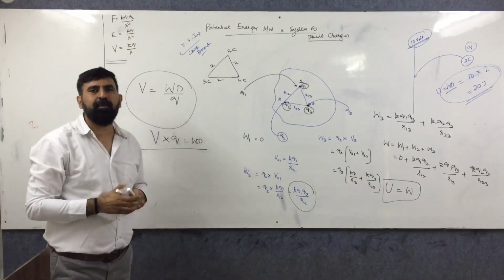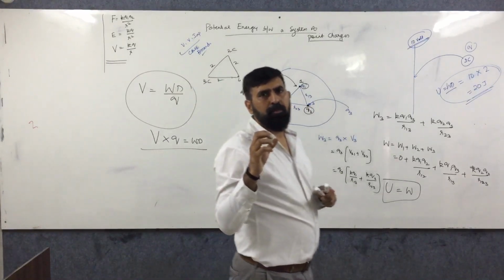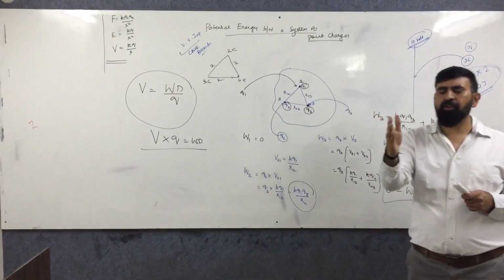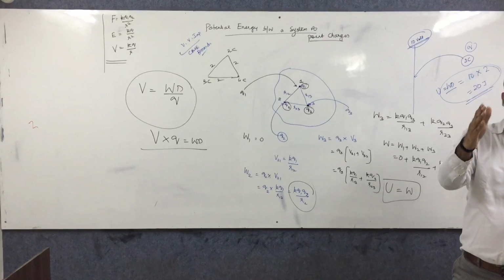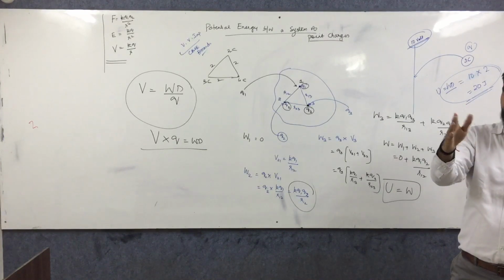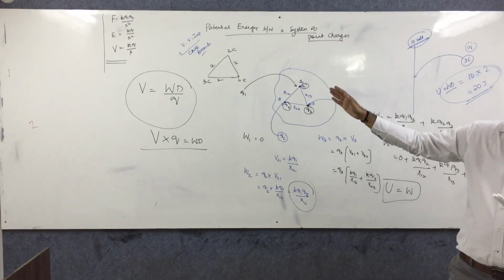So that is the basic concept of potential energy between a system of charges. You can revise your class 11th potential energy between system of masses. It's similar, just replace mass by charge.